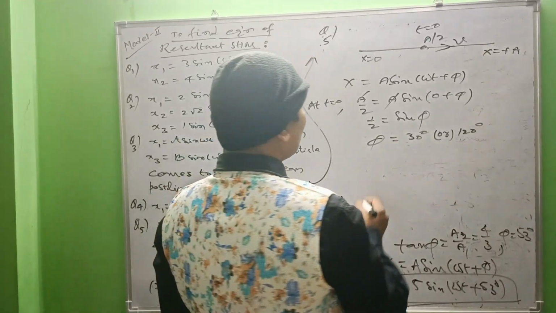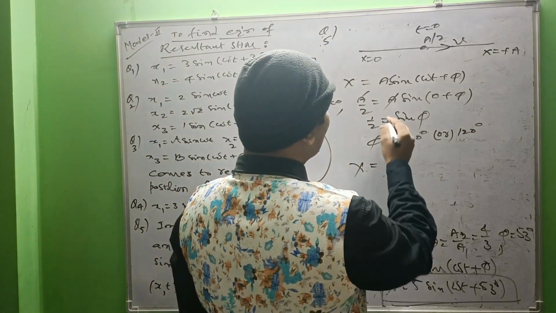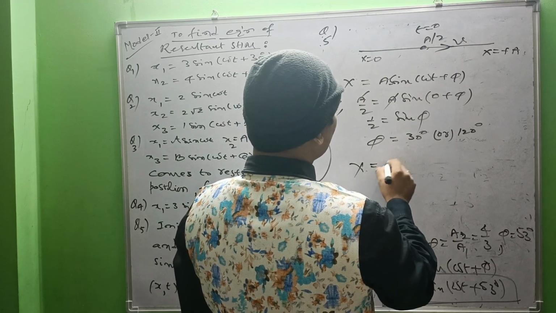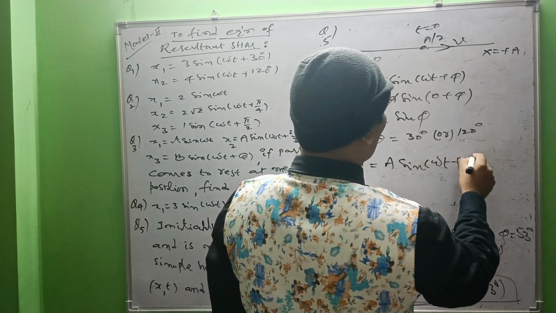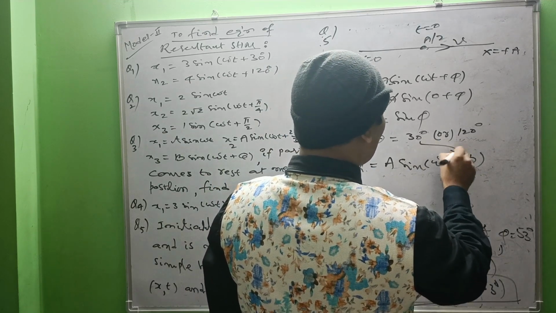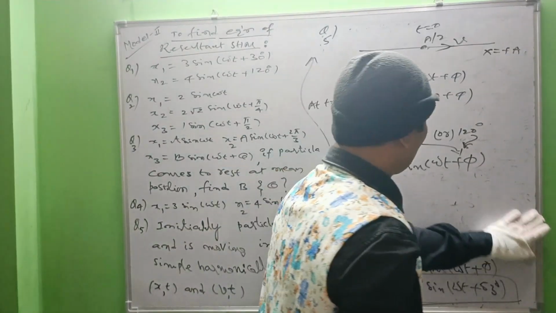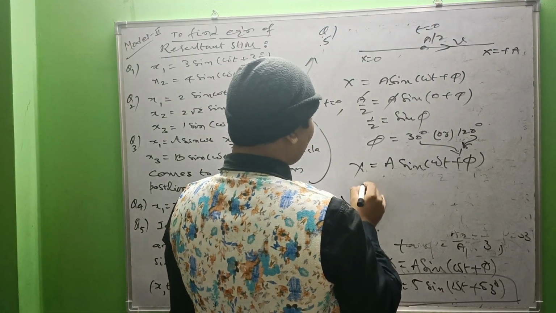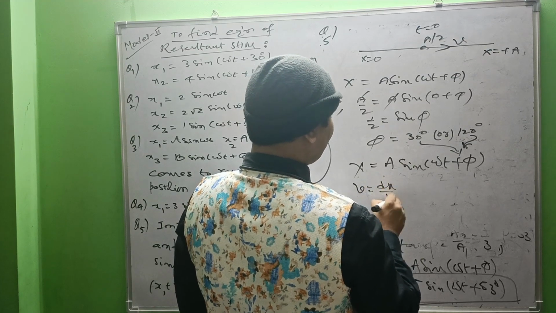So x equal to a sine(omega t plus phi), where phi may be 30 or 120. Which one is correct here? Let us check by differentiating. So v equal to dx by dt.